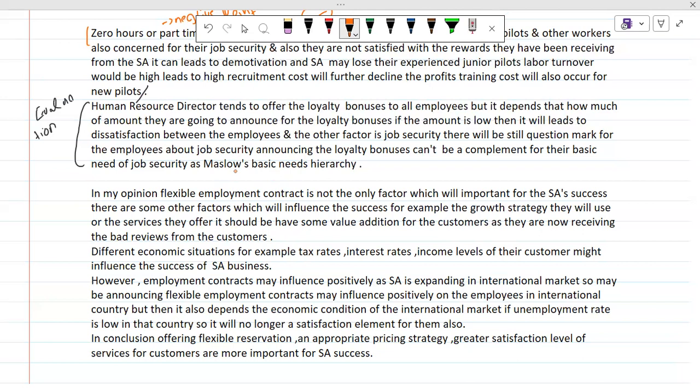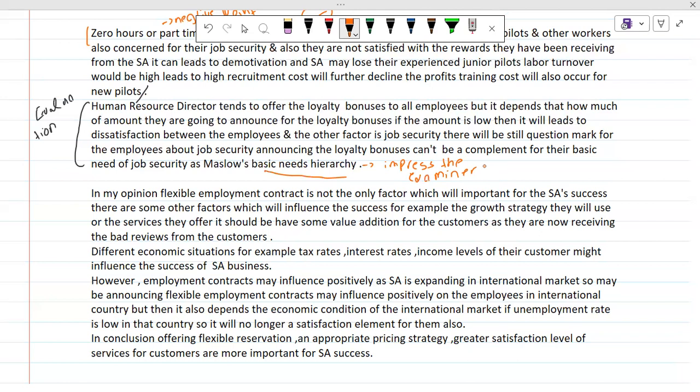You should somehow link a theory of motivation in your answer. This is a way to impress the examiner. So here you can see that my evaluation point is done.